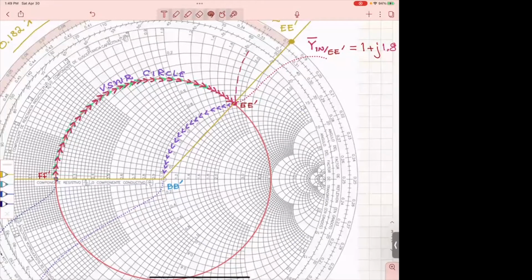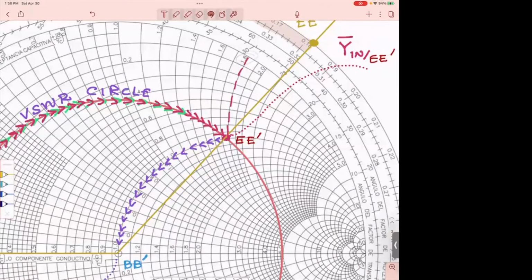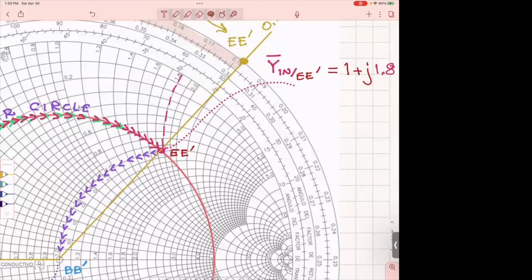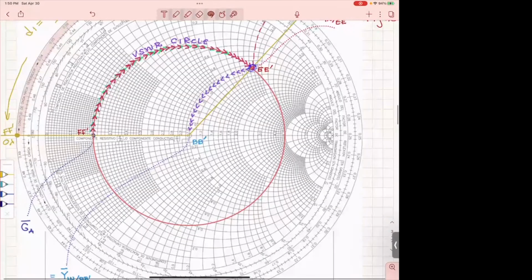And the imaginary part we find from E prime, from this point there, you find the other circle, this one, that really shows you along which path all of the points have the same reactance. And what we go and measure here, we see 1.8. So practically the value for the normalized admittance at this point is 1 plus j1.8. Okay, so we found that.